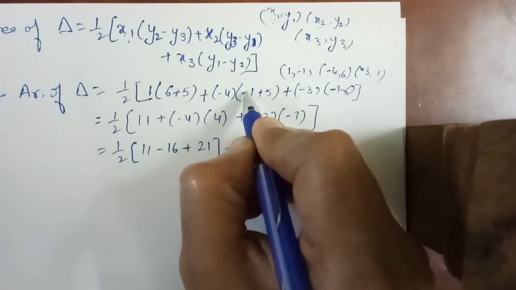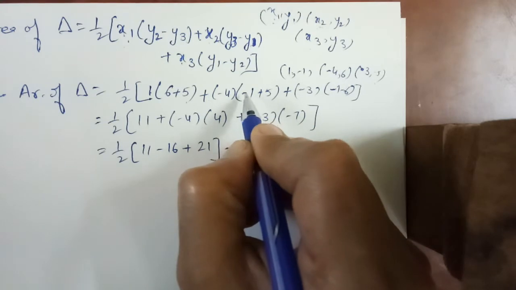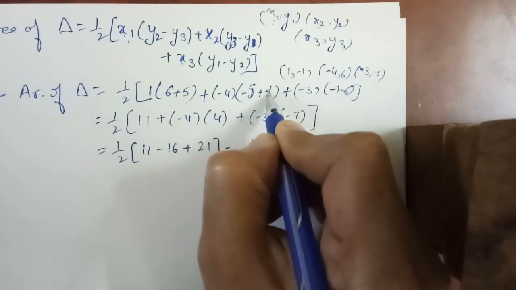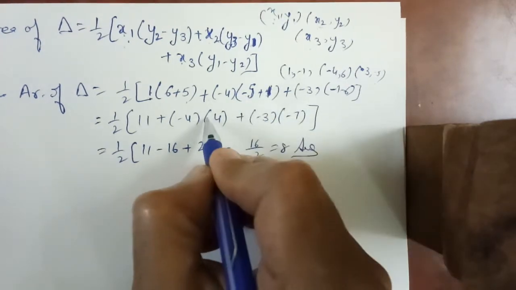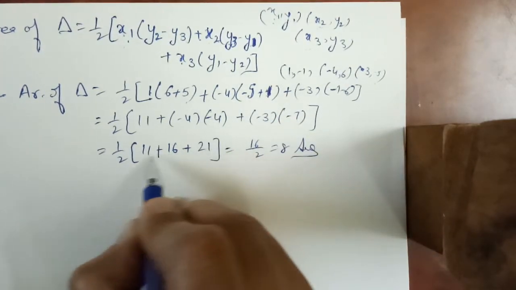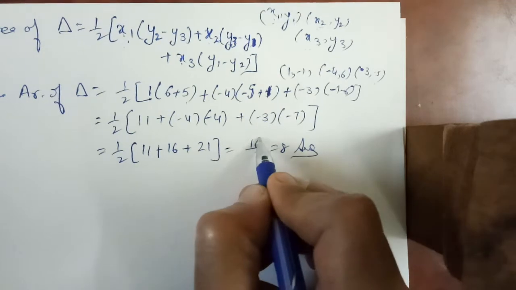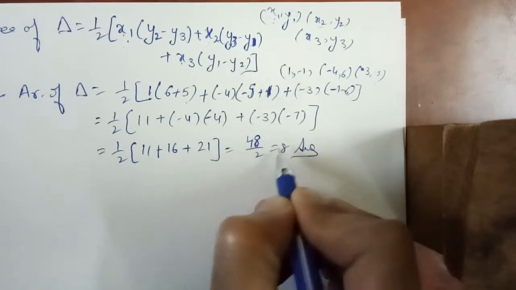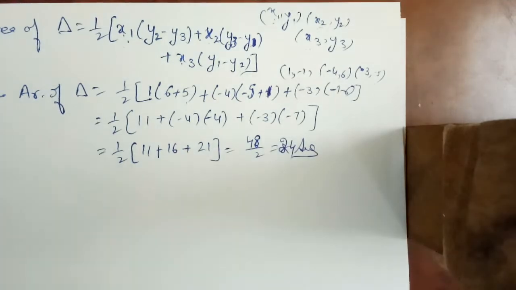Here y3 is negative 5, negative 1 plus 1. It will be minus 4 plus 16. This is 48. 48 by 2 is 24.